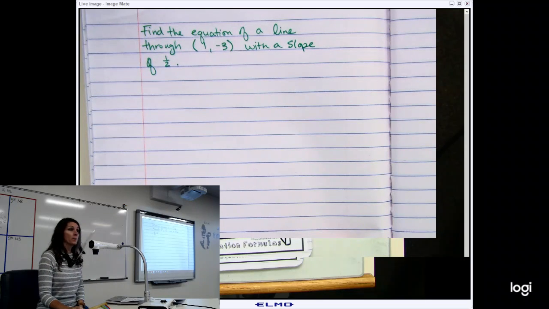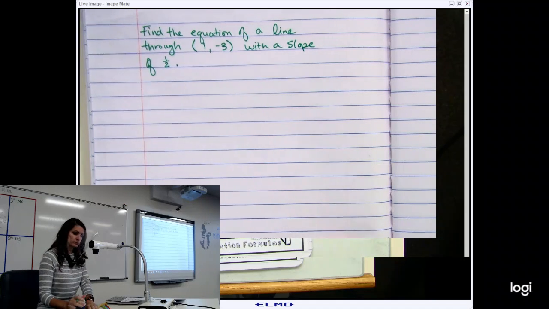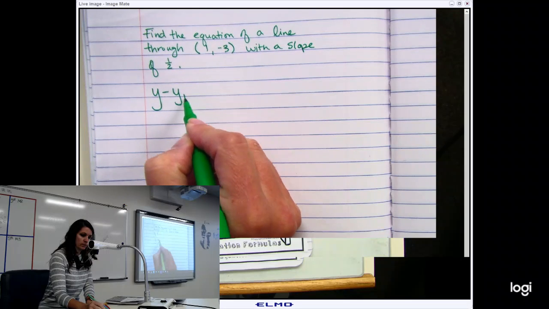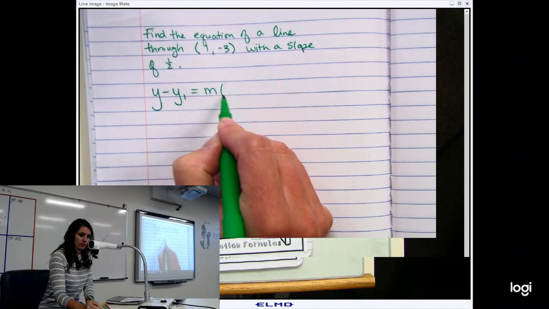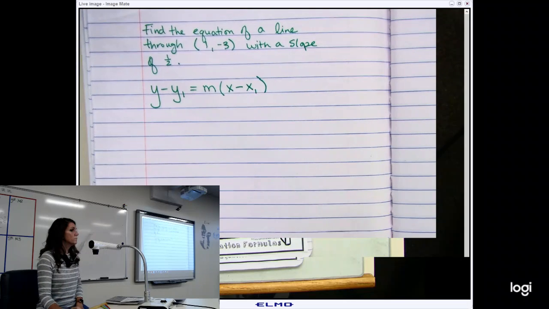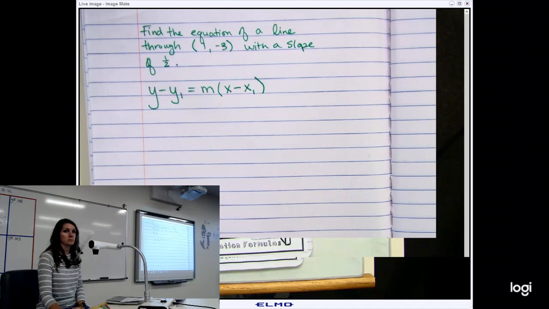Now, there are a couple of ways to do it, and I usually let my classes choose which way they like best. If you get comfortable with point slope form, it can be your best friend.